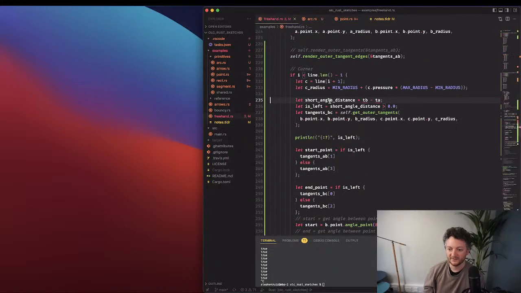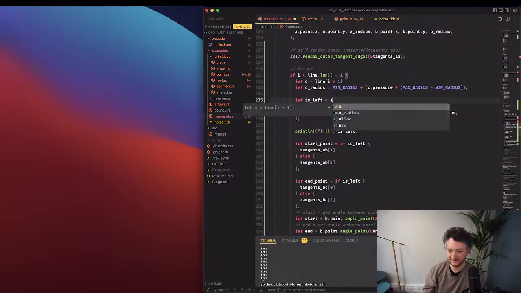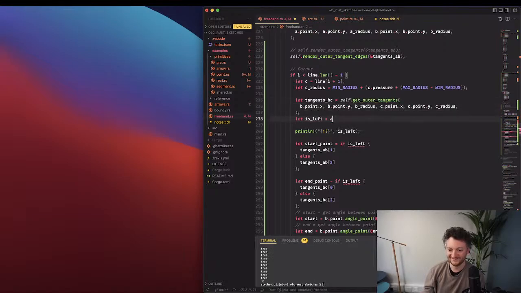So is left is going to be tangents. Let's see.